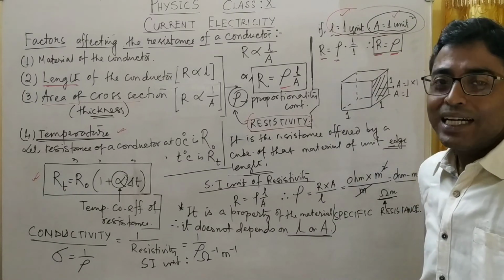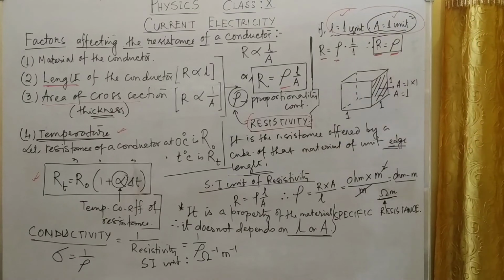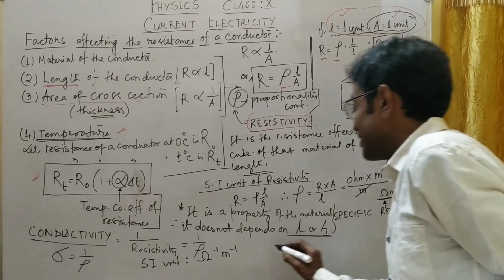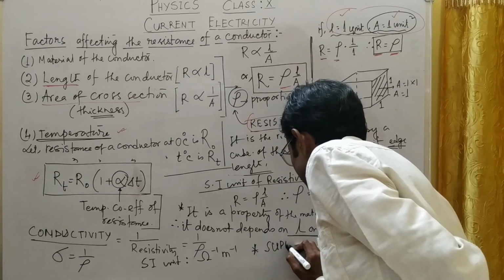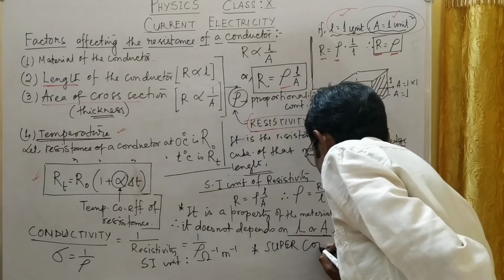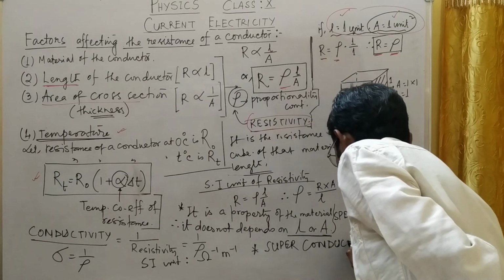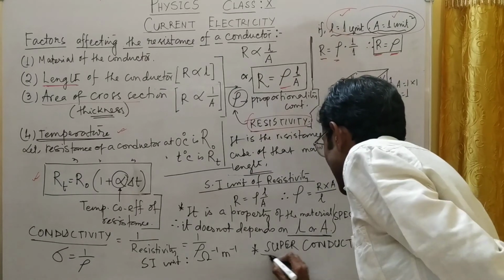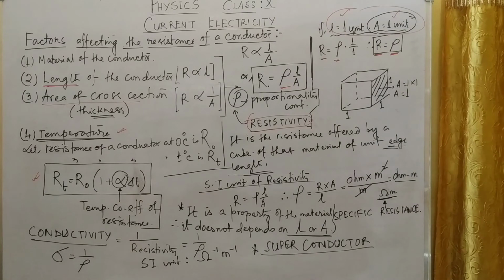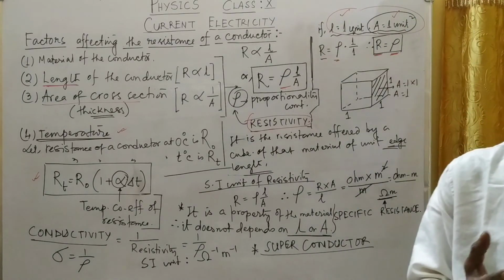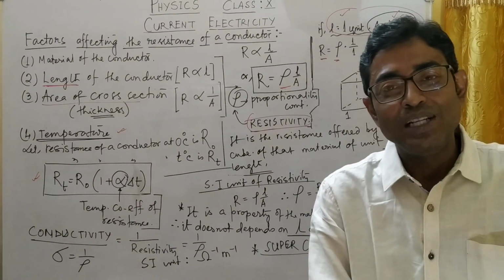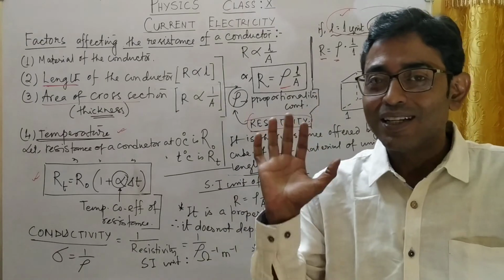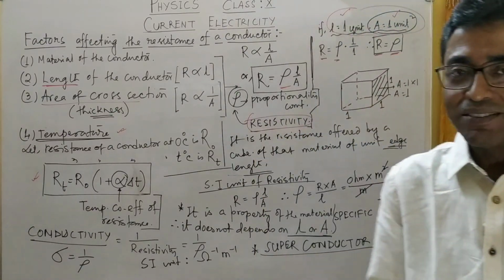And one more thing I'd like to add here, that is called a superconductor. Remember this one. What is it? Remember one thing, when a material has no resistance, that means it does not offer any resistance to the flow of electrons. That is a hypothetical case. It almost never happens.